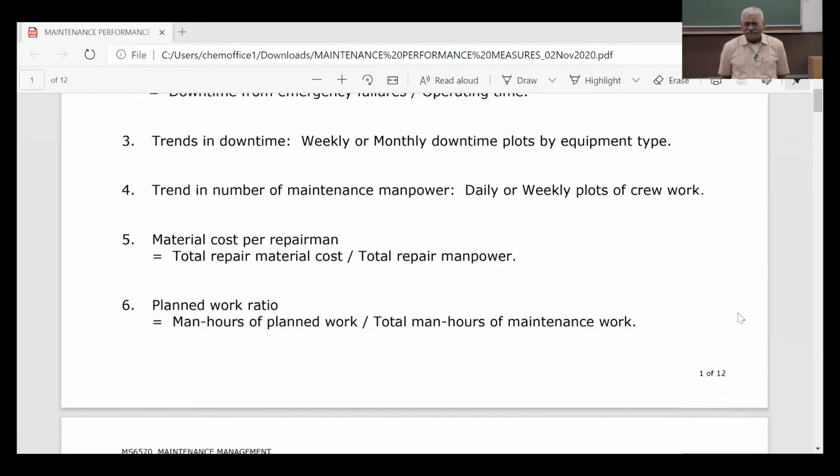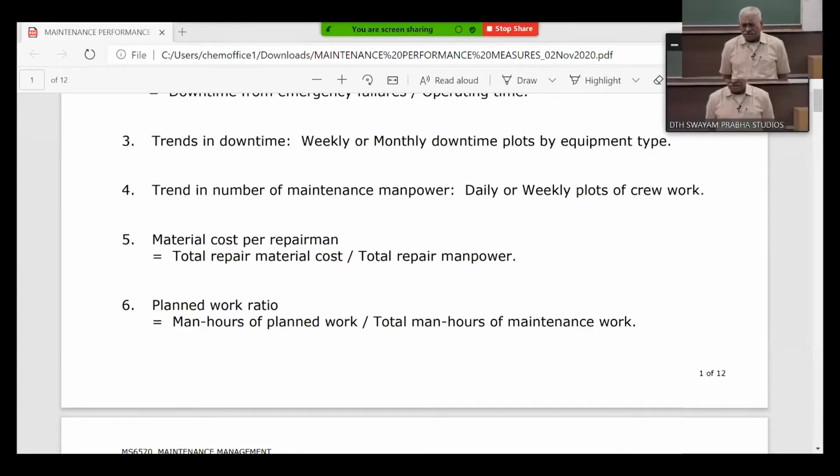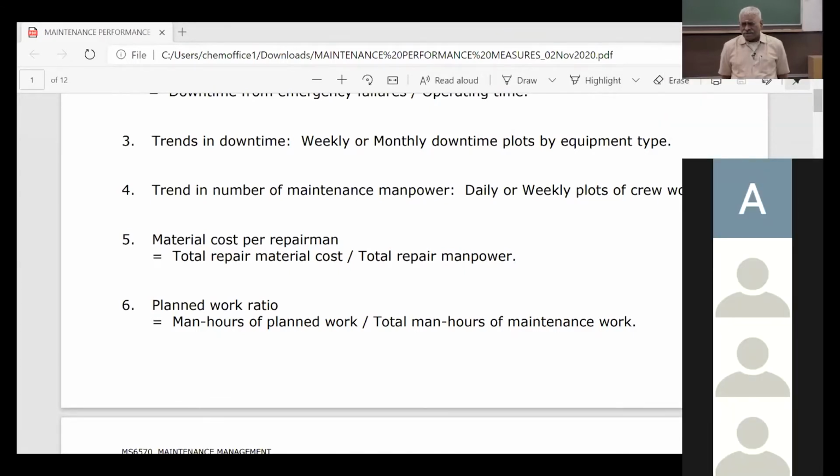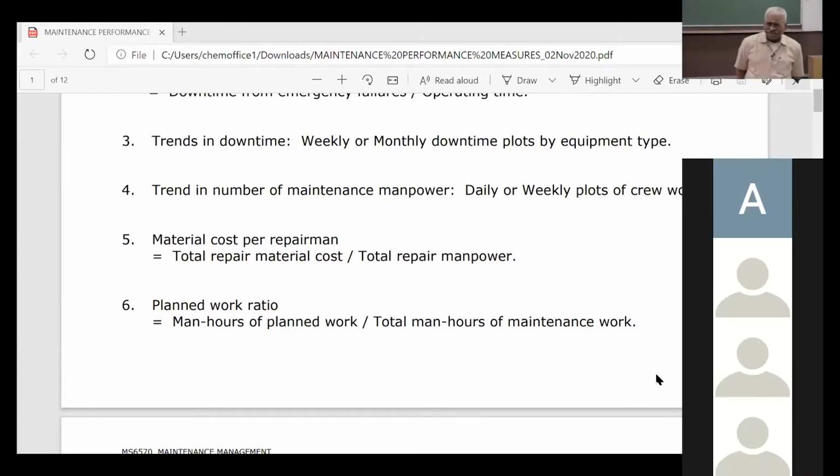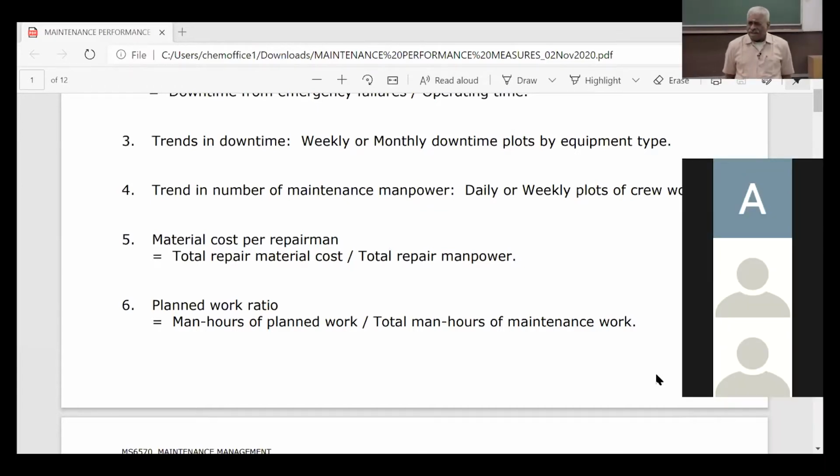Yeah? Do you recall I told you about external job orders? Yes, sir. So external job orders, are they planned work or unplanned work? Unplanned. Yeah, absolutely. Because somebody, and do you agree, I said the answer is on the slide.